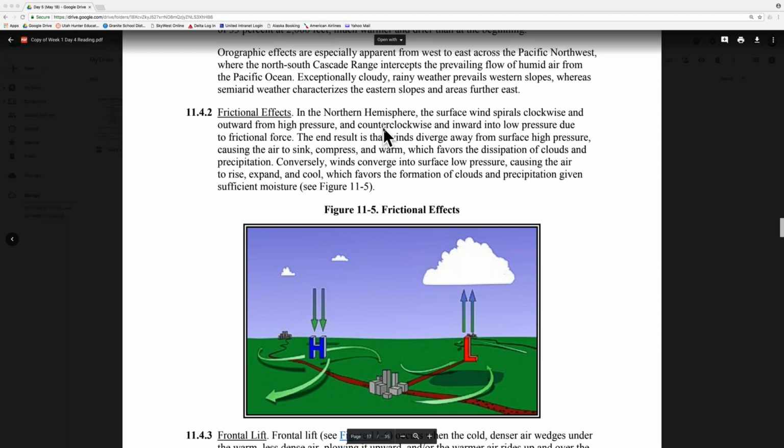End result is that winds diverge away from the surface high pressure, causing the air to sink, compress, and warm, which favors the dissipation of clouds and precipitation. Conversely, the winds converge into the surface low pressure, causing the air to rise and expand and cool, which favors the formation of clouds and precipitation, given sufficient moisture.